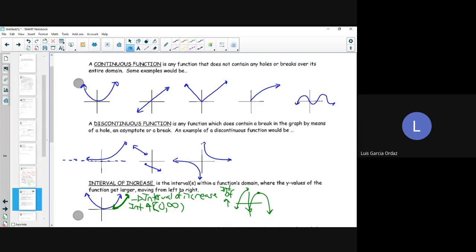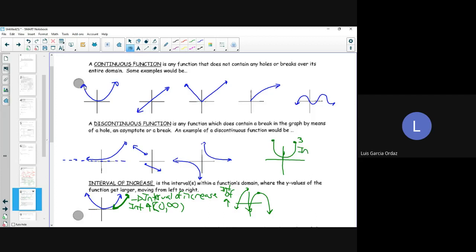So if this didn't have any arrows and it just had a closed dot at that point, your interval of increase would be square bracket 0 to wherever that number is, and then another square bracket. Okay. Let's just say I had the graph end here. Let's say this is 3 and this is 1.